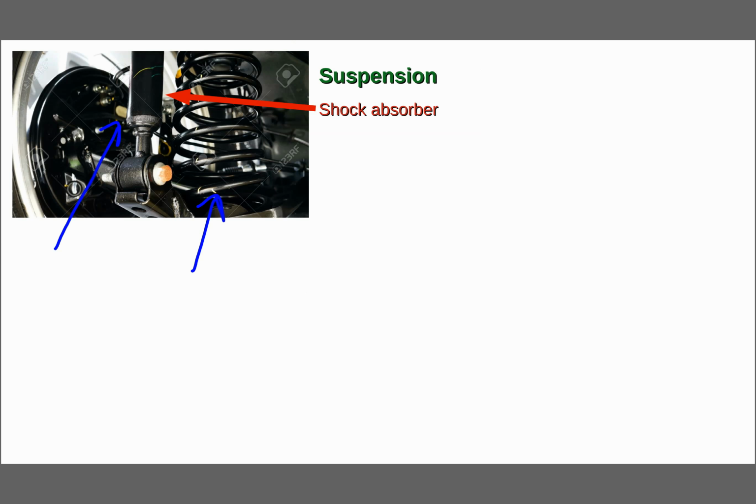And then this thing, what are usually called the shocks or the shock absorbers, is designed to create friction. It creates a friction that opposes the motion, right? Friction always opposes motion. And it takes energy back out of the system so that the thing doesn't bob up and down for a long time.